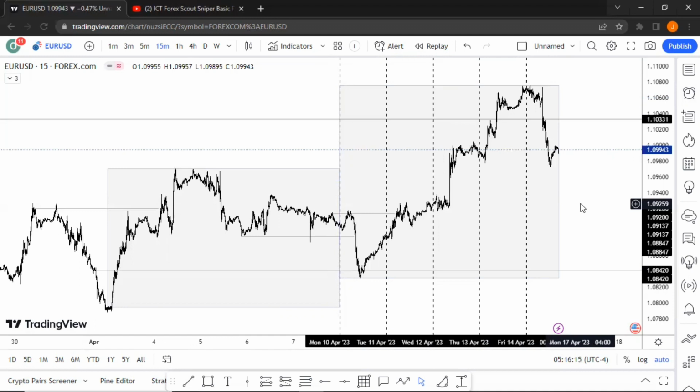So the first thing I pointed out was, for you to know when the low of the week or the high of the week will be formed, you need to understand the order flow. And the order flow is giving you a bullish environment. The narrative is bullish.